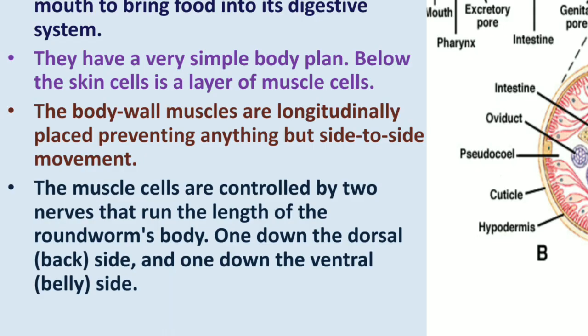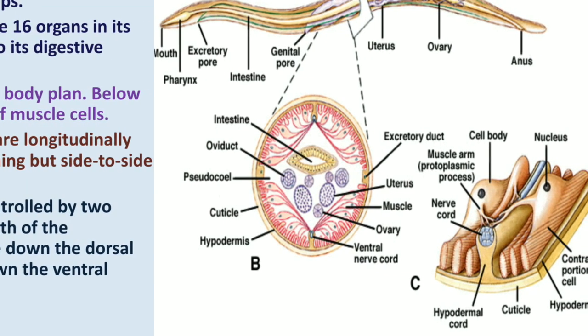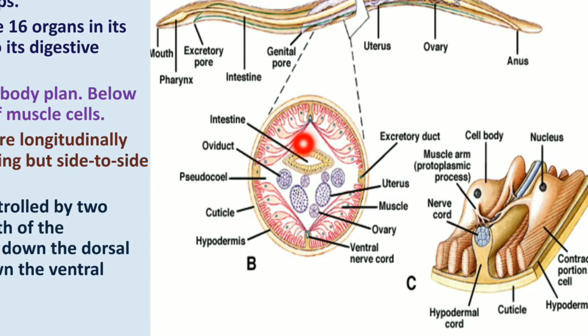Now here the muscle cells are controlled by two nerves that run the length of the roundworm's body, one down the dorsal side and one down the ventral side. As we have spoken, this is the dorsal part which has the dorsal nerve, and this will be the ventral part which has the ventral nerve cord.